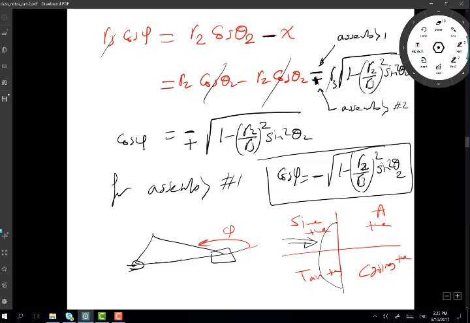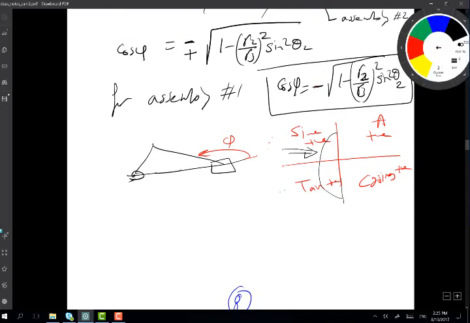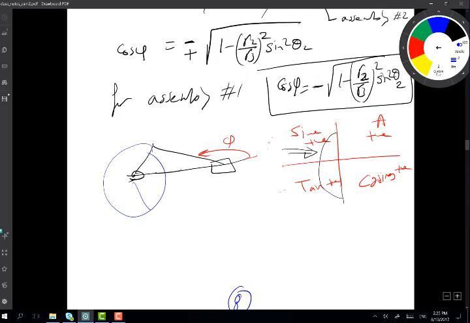So phi is going to fall between the second quadrant and the third quadrant all the time. If the mechanism changes position to another, so if it's underneath, then phi is going to be in this range above pi. So it's obvious now phi is going to be in a specific range. So here phi is equal to pi, and will go back to less than pi as theta 2 changes.